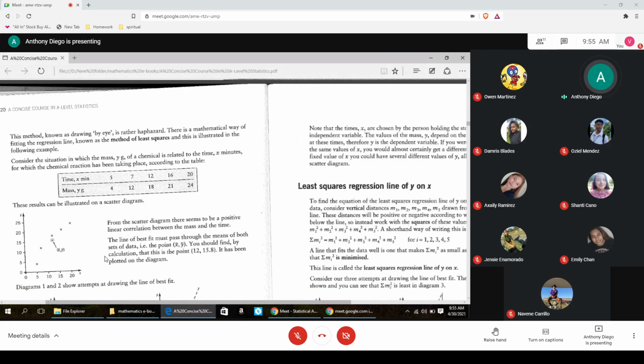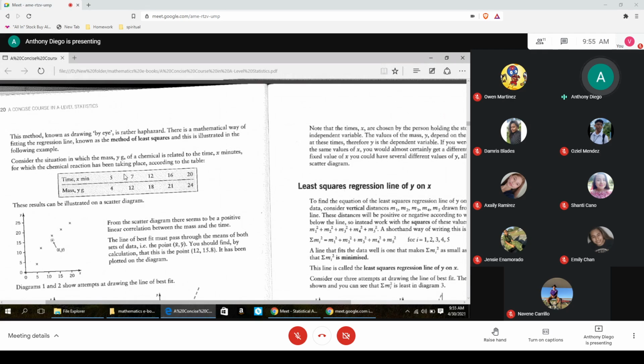But not much has been done with this here because they didn't show the full working to get the regression line. I will need to show how it is that we get that. So we have our time x in minutes, and our mass y in grams.